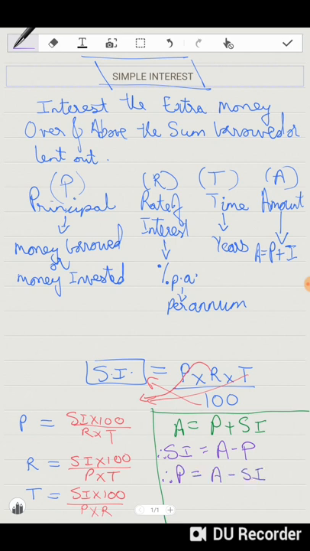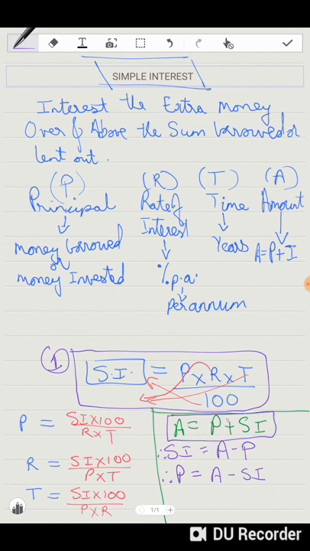So from these two basic formulae, formula number 1 and formula number 2, we can create these sub formulas which really help us solve the sums very easily, right?